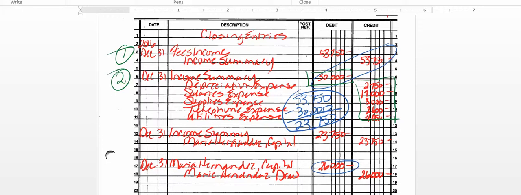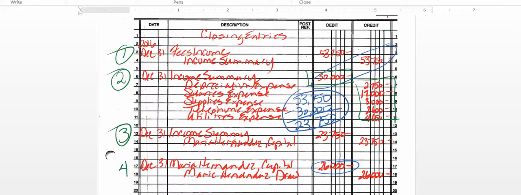That's the total. Okay, then we did this little side math where we figured out that we had a net income of $23,750 for this period of time, and that's the amount of money that we needed to then debit in income summary so that we can clear out the income summary account at this point. So step 3, income summary is now empty. And then we add that net income to Maria Hernandez Capital.